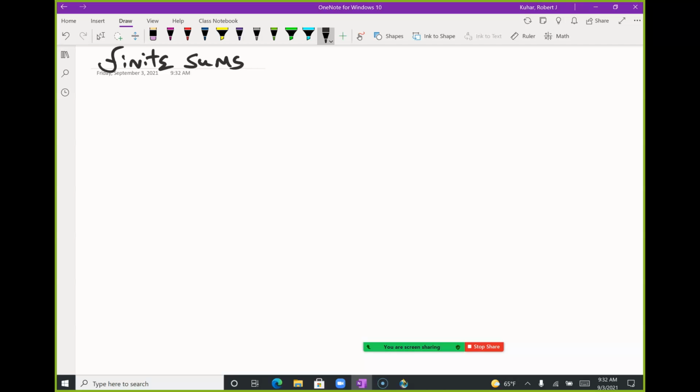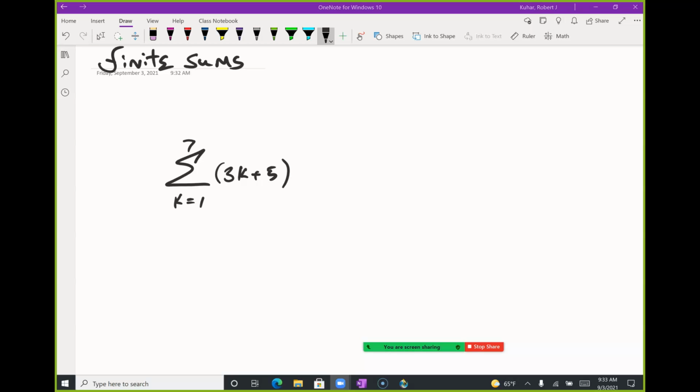So let's take a look at the sum from k equals 1 to 7, 3k plus 5. So we could do this particular thing in a very brutal way, right?